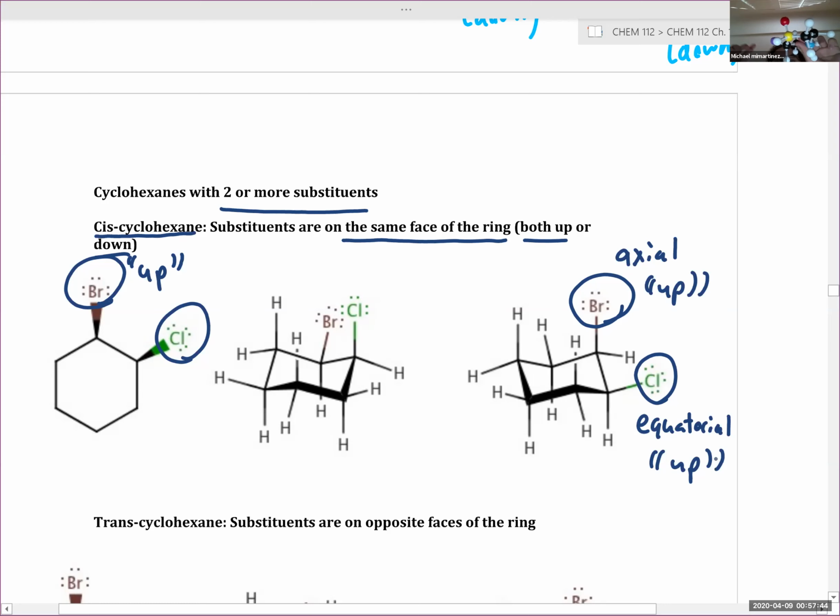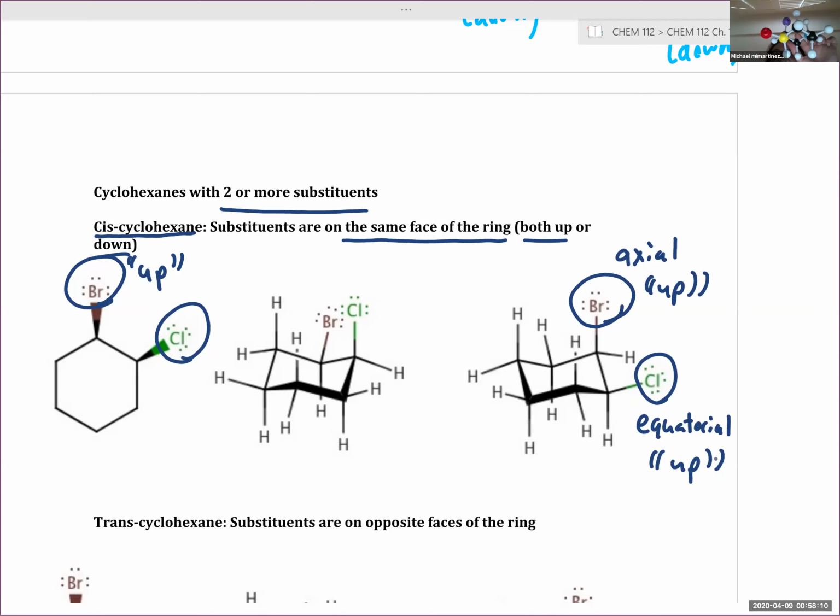Okay, now we're going to do a ring flip. I'm going to bring my blue carbon up and my yellow carbon, I'm going to push down. Okay, so we've completed the ring flip.